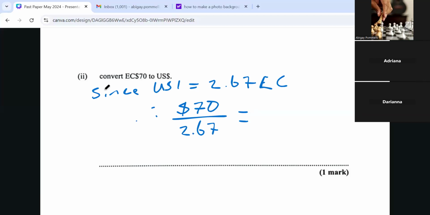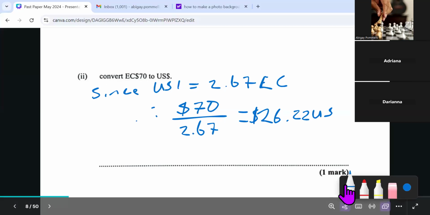So 70 divided by 2.67, that'll be 26.22. That's our money there. So that's our US dollar. We can leave it as is, or we can just write US to make it have a little flair.